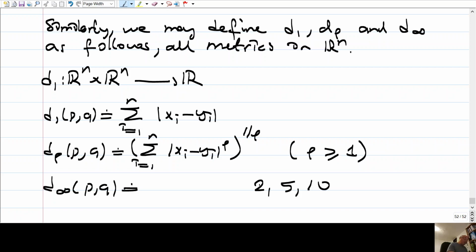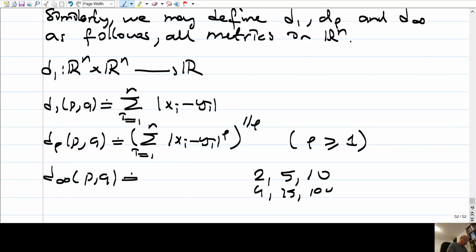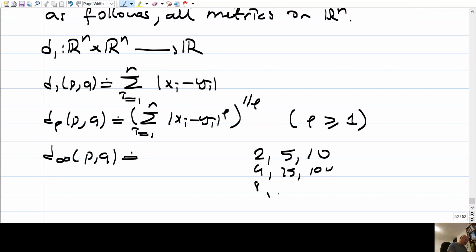When you take squares, this becomes 4, 25 and 100. And then cubes: 8, 125, and this becomes 1000, right? Then fourth powers: this will be 16 and this will be 10,000. You see, the bigger one will dominate the rest.